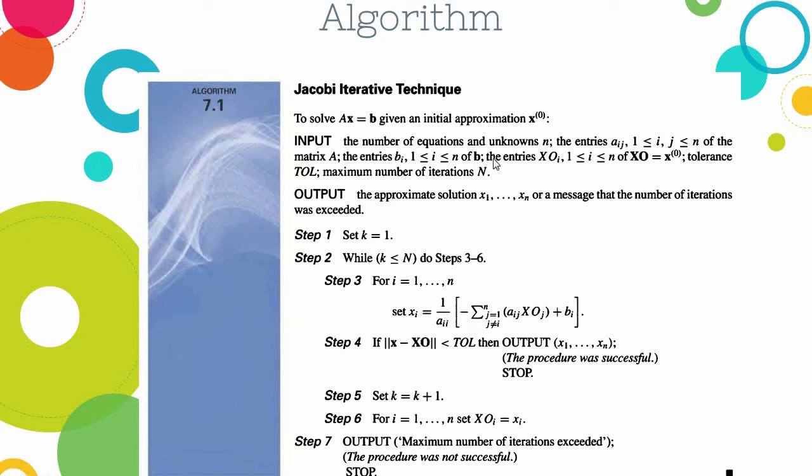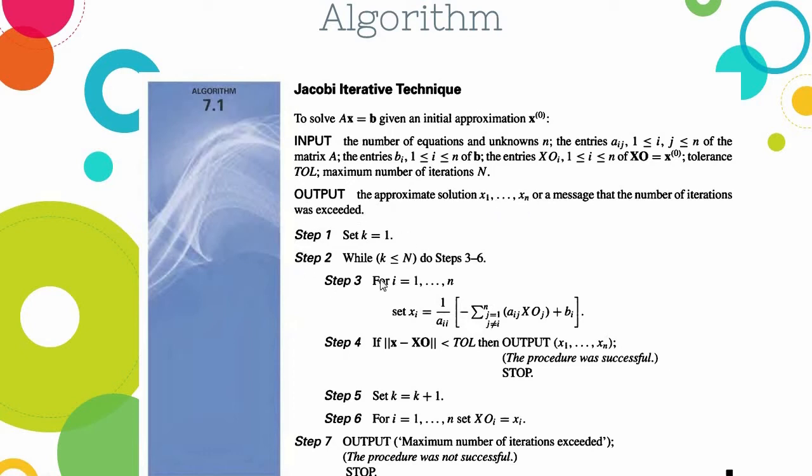For the input, we provide aij, bi, and the initial condition x0, for example 0, 0, 0, the tolerance, and the maximum number of iterations n. And for the output, we provide the approximate solution x1 until xn.